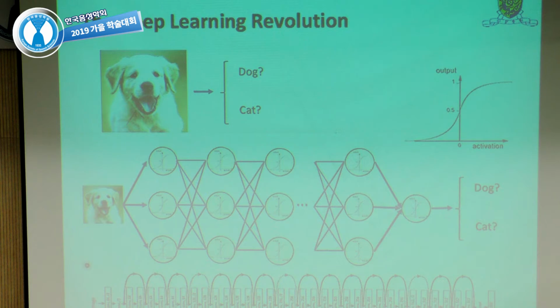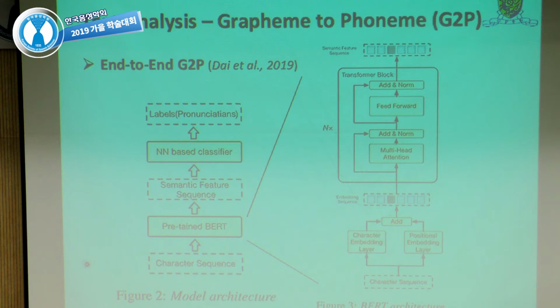Since 2006, deep learning has been introduced to the speech area, first in speech recognition, and then we will talk more about how it is introduced to the TTS area. The first part that changed is the G2P part, that is, how we predict the pronunciation.